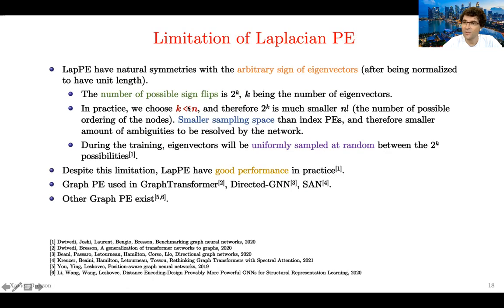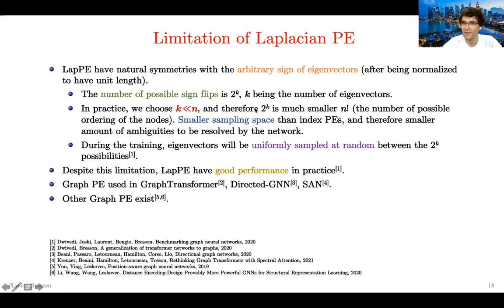So there is a limitation with this Laplacian positional encoding. Laplacian eigenvectors are actually defined up to the sign, plus or minus 1. If you have k positional encoding Laplacian eigenvectors, the number of possible sign flips is going to be 2 to the power k.